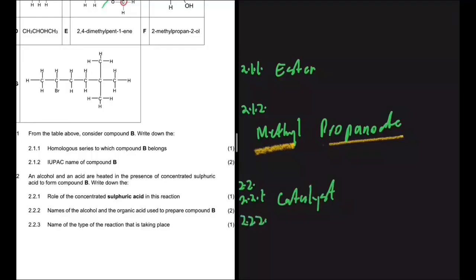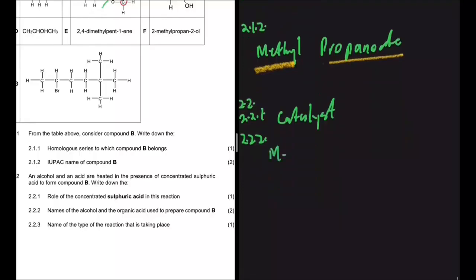And then the answer to 2.2.2, names of the alcohol and the organic acid used to prepare compound B. So we have already deduced which alcohol was used and which acid was used when we were naming our compound B, right? So now we're just going to say the alcohol that was used is methanol and the acid that was used is propanoic acid. 2.2.3, name of the type of reaction that is taking place.